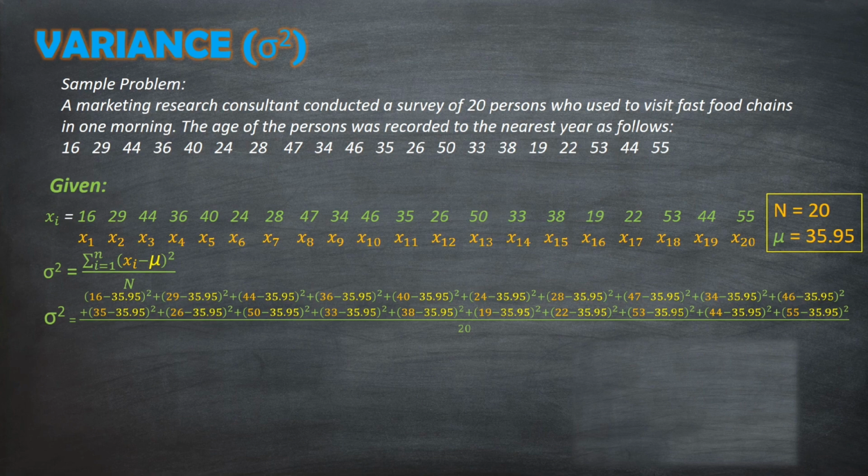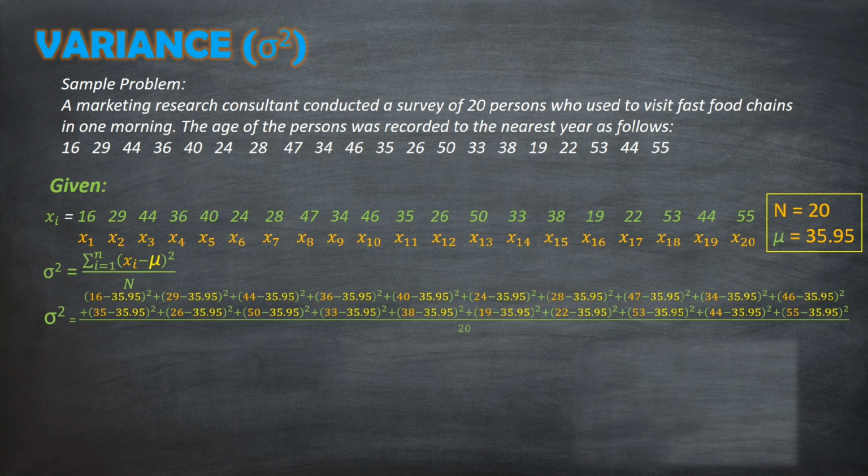To understand it better, let's look at this step. On the second one, you can see the orange labels are our x sub i, and the yellow labeled text is our μ. So we are just using the same value of μ, we just change each x sub i.